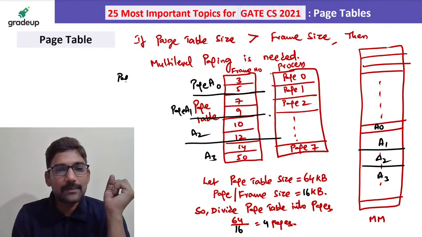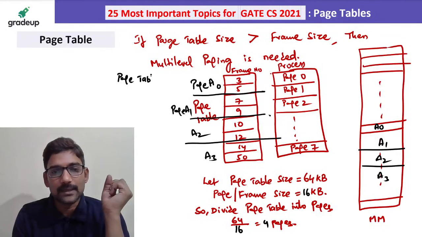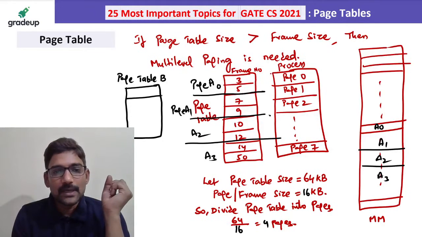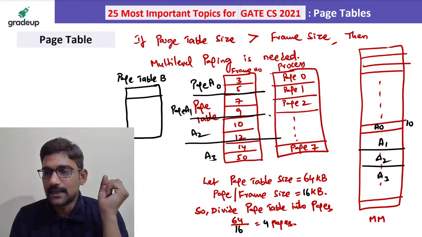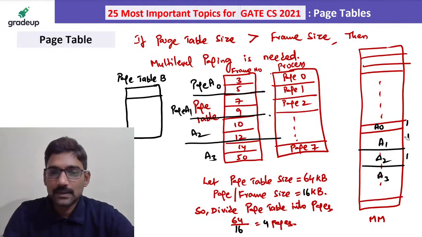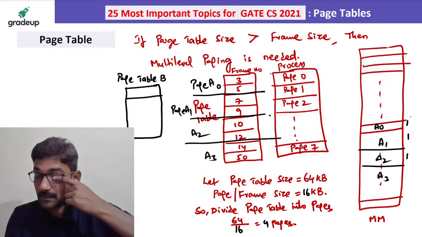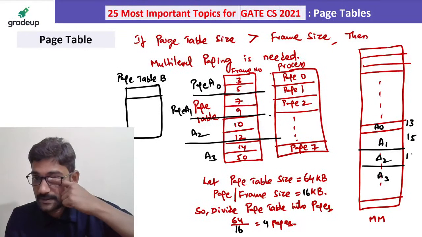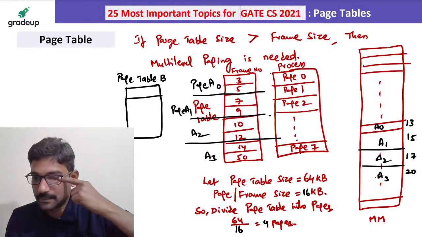Now where these A0, A1, A2, A3 are stored, that also should be maintained. So we are maintaining another page table. Let it be page table B. In page table B, let's say 13, 15, 17, 20.